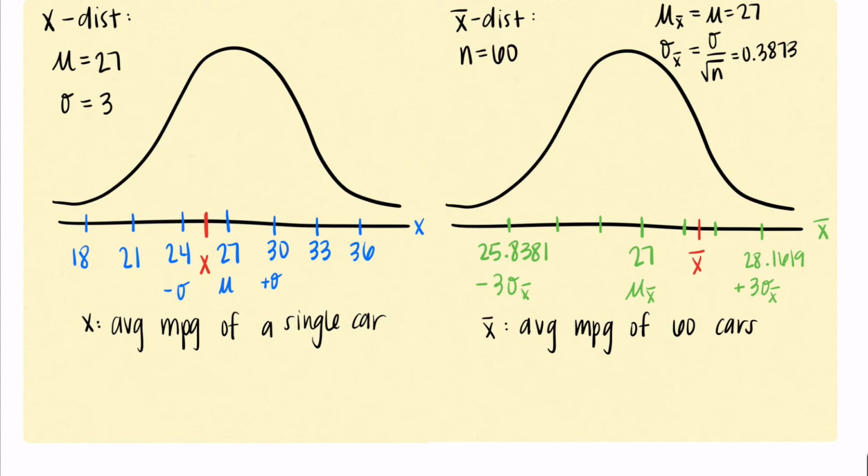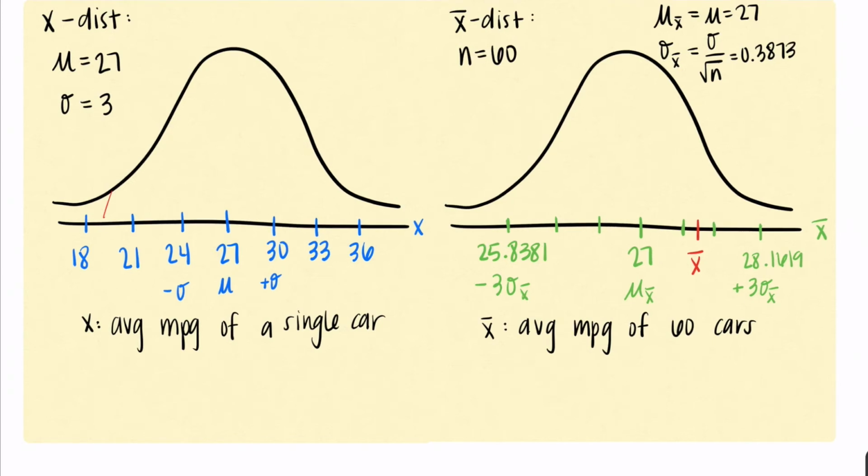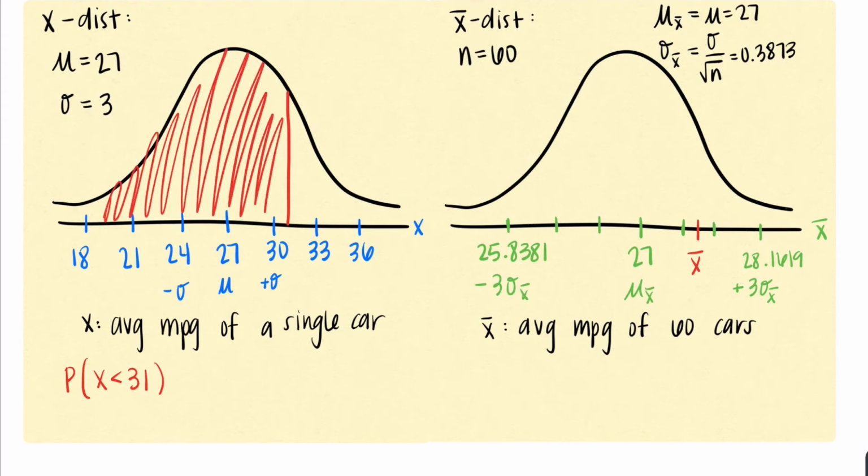Then I'm going to use the normal distribution that corresponds to single data values, which is this first distribution that I have here. So I'm going to look for the probability that one data value is less than 31. On the curve, this will look something like this. So I'm looking for this area, right?